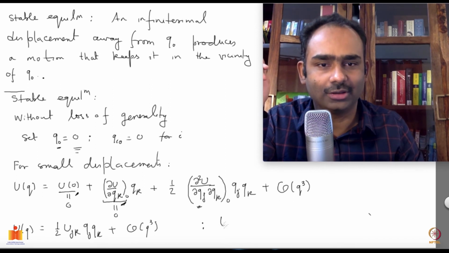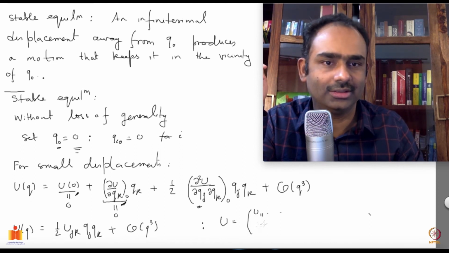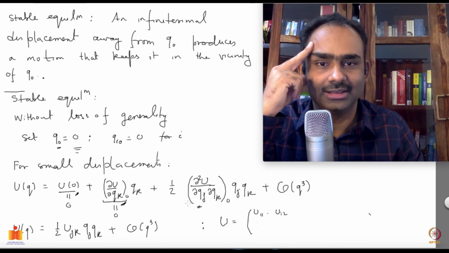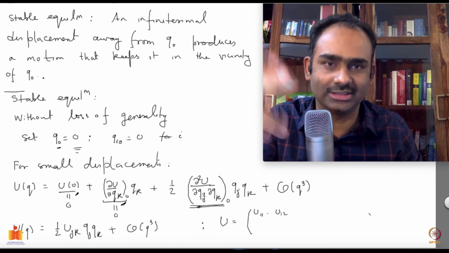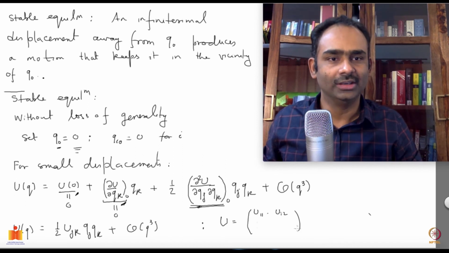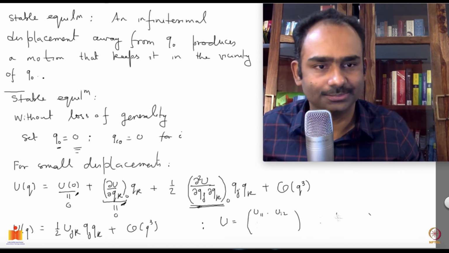The matrix we call U, whose entries are U11, U12, etc. And clearly the matrix is symmetric because of this definition of it. If you interchange the two derivatives, it doesn't change, because these differentiations commute. So U is a symmetric matrix.